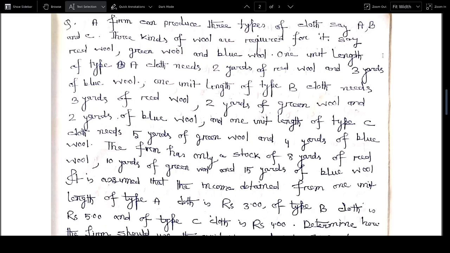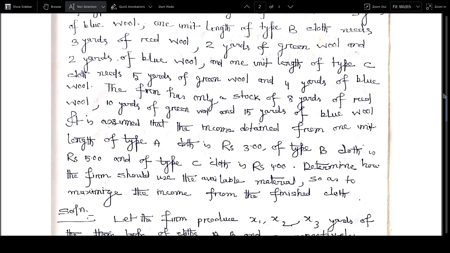Similarly, for cloth B, red wool will be 3, green wool 2 and blue 2. And similarly for cloth C, green wool is 5, no red wool, so 0, and blue wool is 4, right?